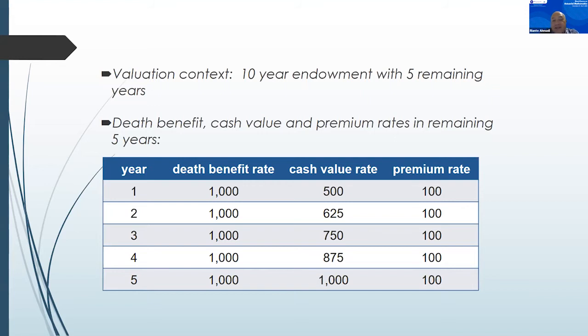How about the death benefit values? For each one of the 5 years, we have 1,000 units death benefits. So if death occurs in each one of these 5 years, anytime, 1,000 units will be paid to the beneficiary. For surrendering or lapse, cash values will be given to the policyholder.